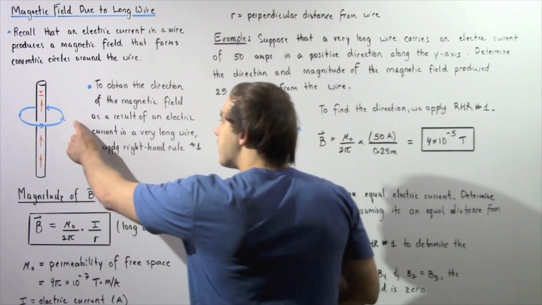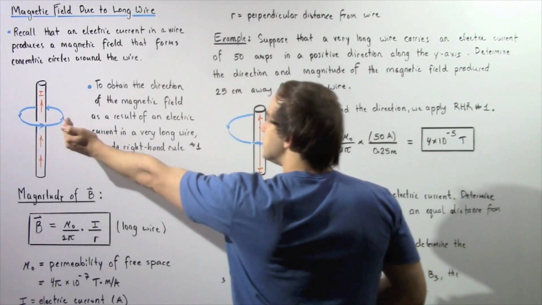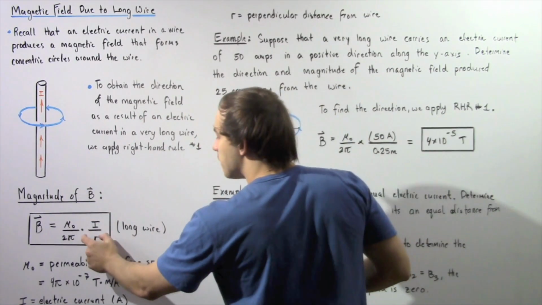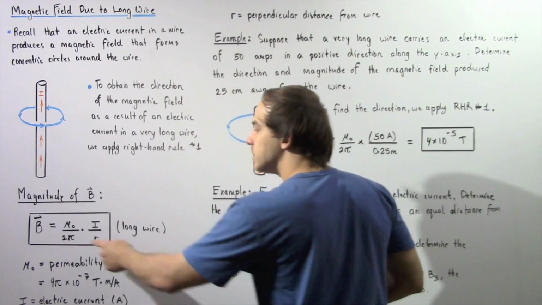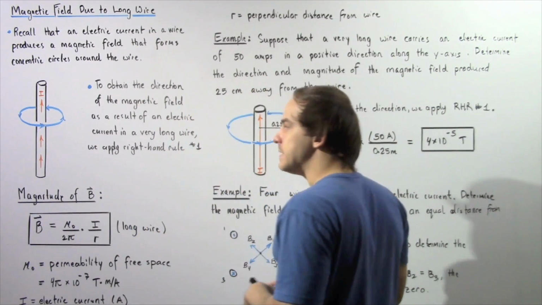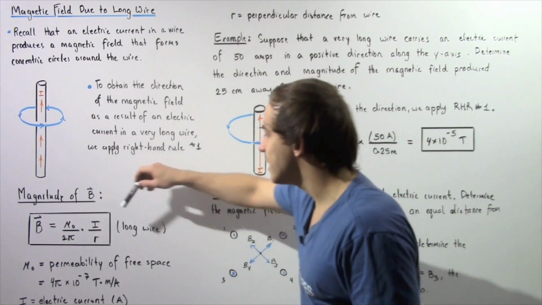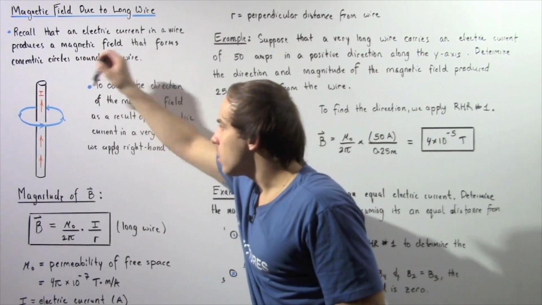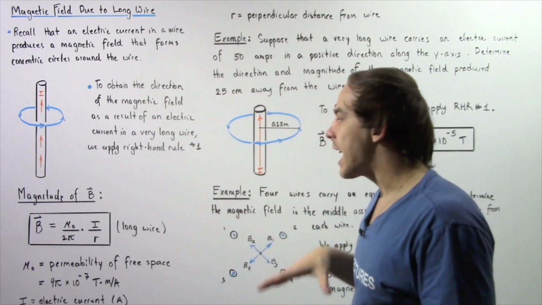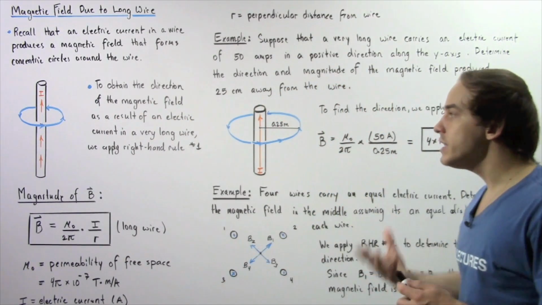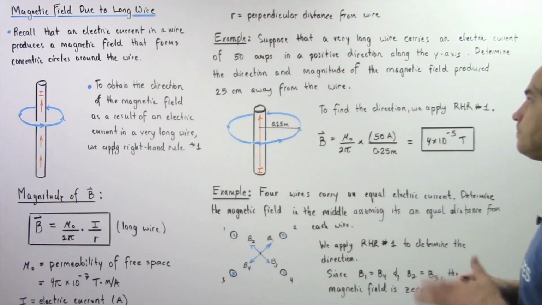And if we examine our magnetic field at points further away from our conducting wire as R increases, that implies that our magnetic field decreases. So the higher the I, the stronger our magnetic field is. The higher the R, the lower our magnetic field is, the weaker our magnetic field is.